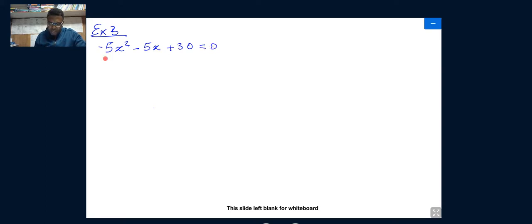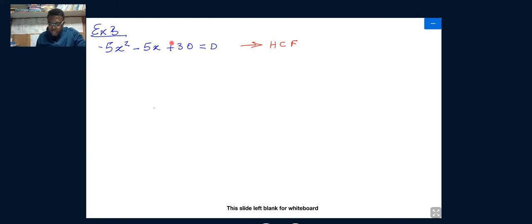Okay, what's the first thing that I need to do here? We need to get the highest common factor. And what is it? A number that can divide throughout. What is it? The highest. 5 can divide this 5, and 5 can divide this 5, and 5 can divide here.